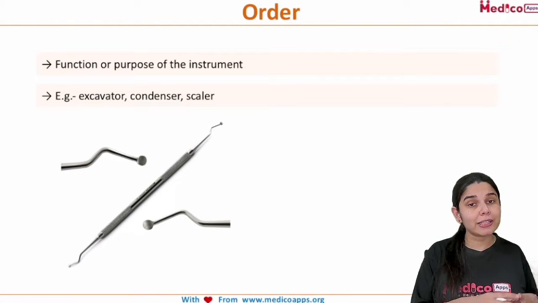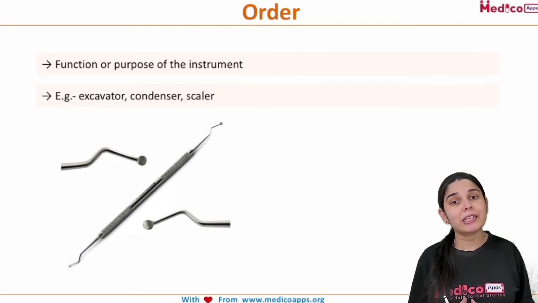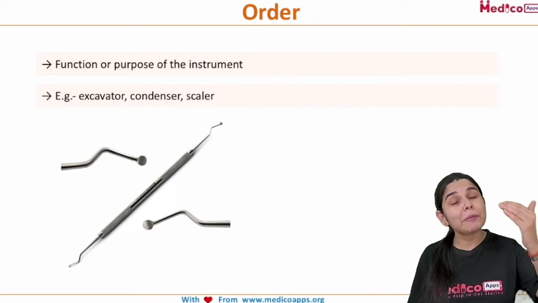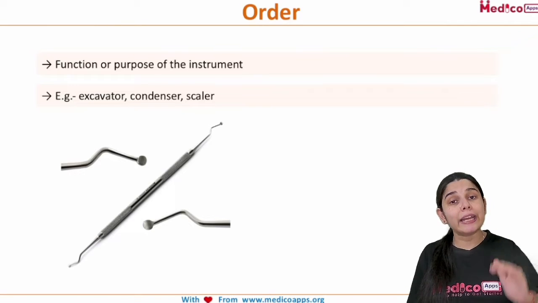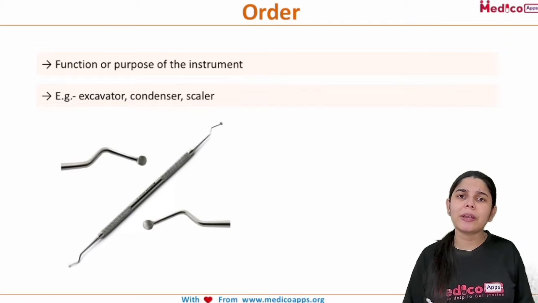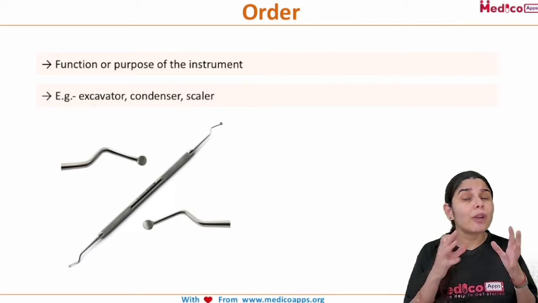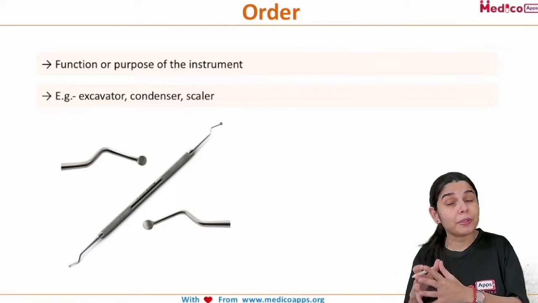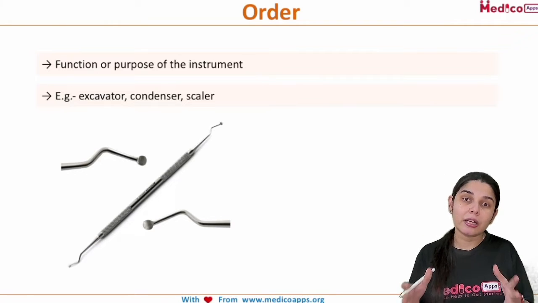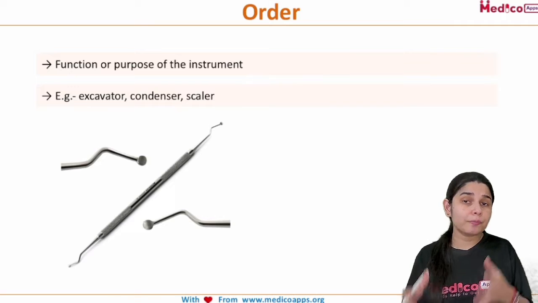So for example, an excavator is given the name. Why is it given as an excavator? Because it helps in excavating the dental caries and other debris which are present in our oral cavity. So excavator has some purpose, some function to perform. The second one is condenser. Now what does the condenser do?